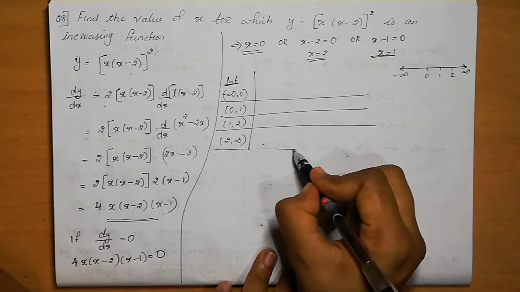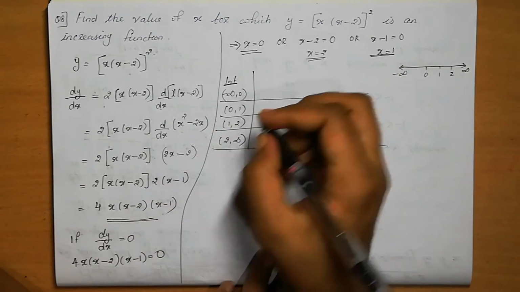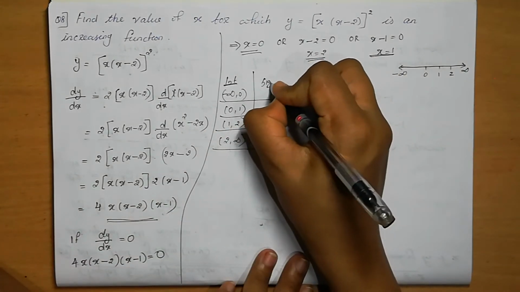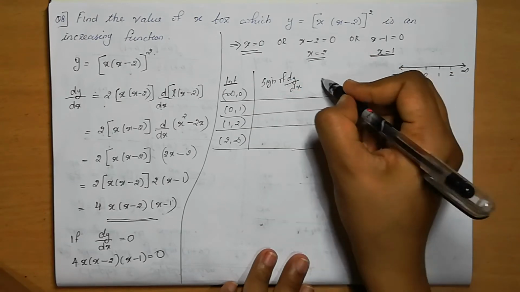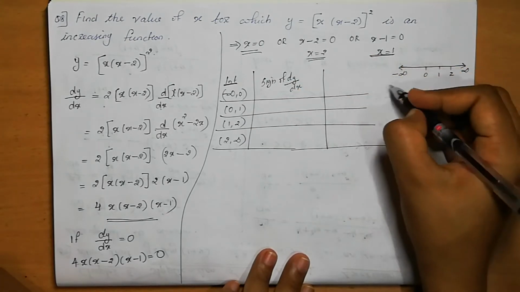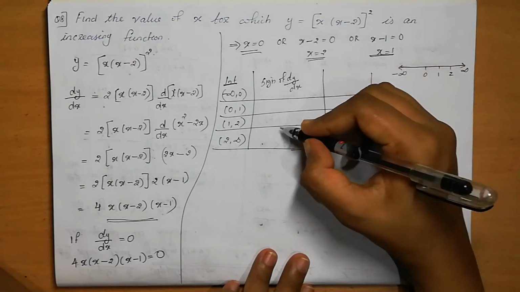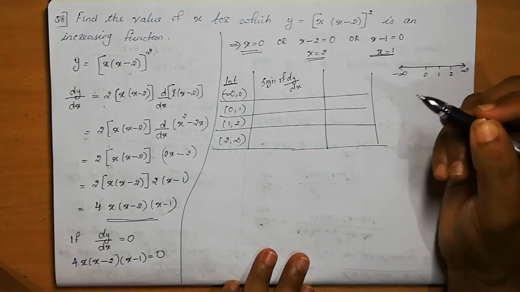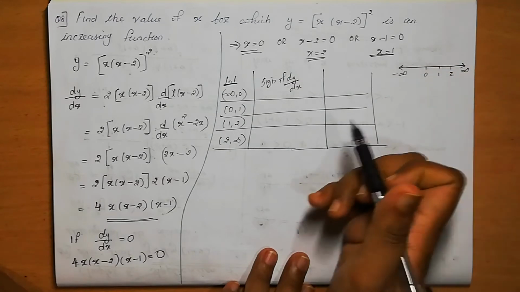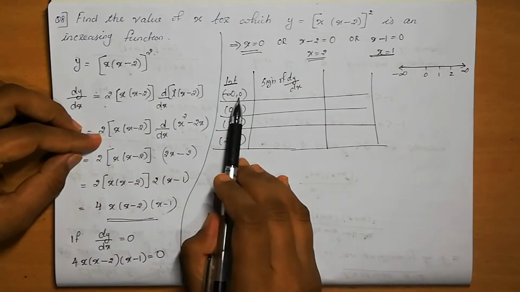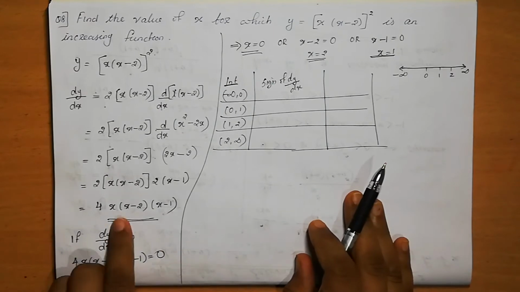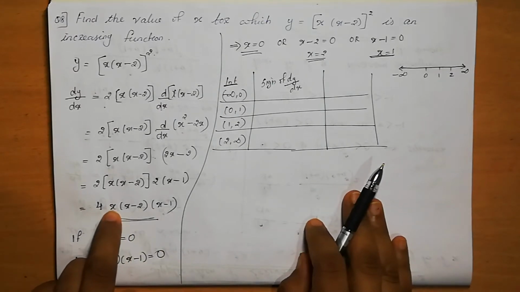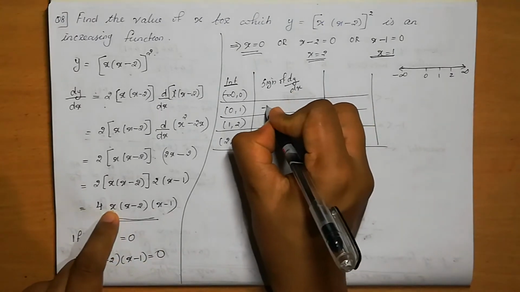Next we are going to find the sign of dy by dx. Based on the nature of this function we can find out whether this function is increasing or decreasing. For minus infinity to 0, what will we consider? We will consider only negative values, right? So here it is 4 into negative value, first one is minus.